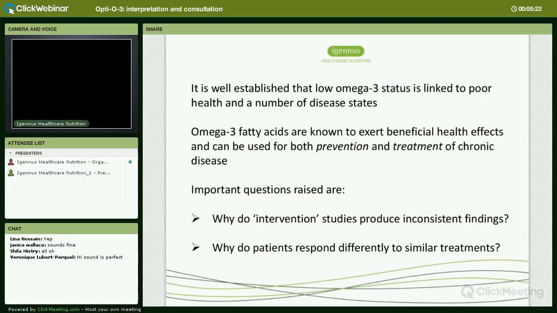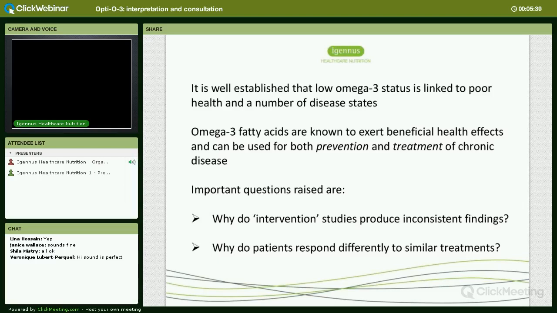One of the key consequences of low dietary intake is the impact that it has on inflammatory status. And it's very highly likely that if you are seeing clients with inflammatory related conditions, they will be deficient in long-chain fatty acids, so EPA and DHA specifically.